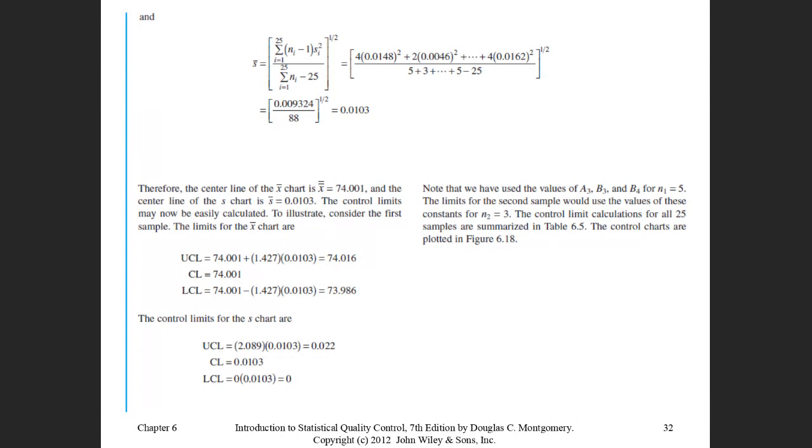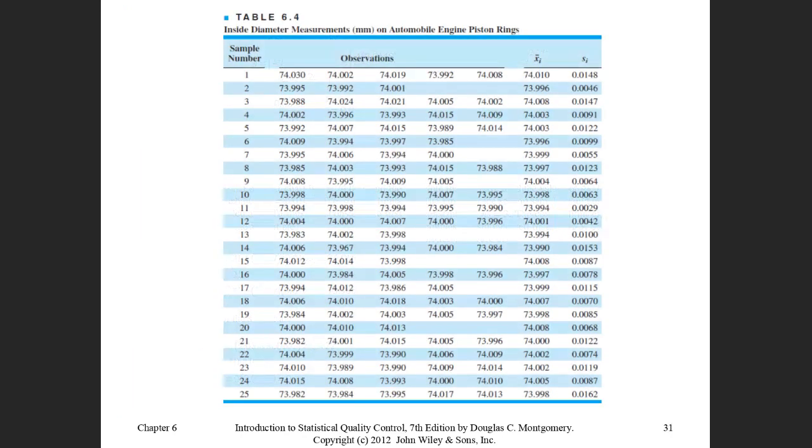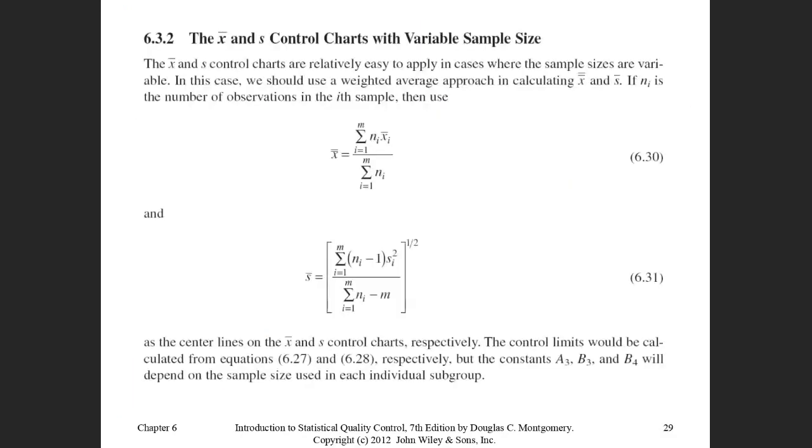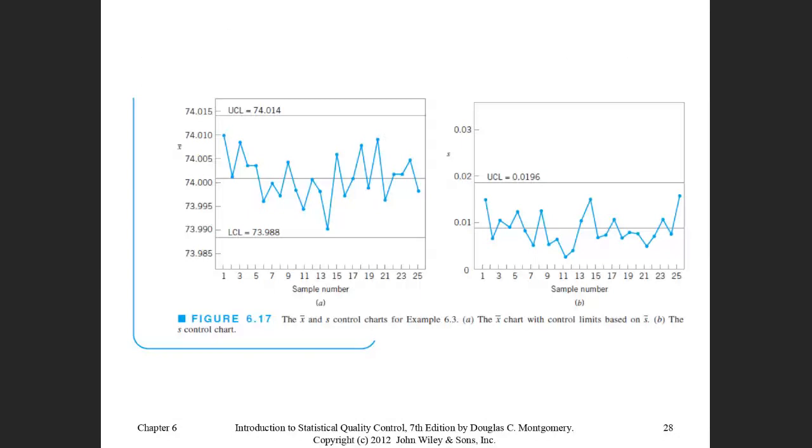But here, the control limit will be different for every reading. Why? Because every reading has a different sample size, and in this case we will use the upper and lower control limit constants from the table. I think it's previous here.